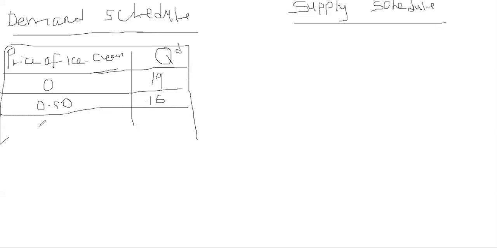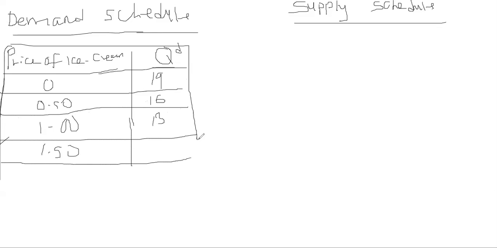Let's say at the price of $1 for ice cream, the demand was 13. At the price of $1.50, the quantity demanded was 10. At the price of $2, the quantity of ice cream demanded was 7.